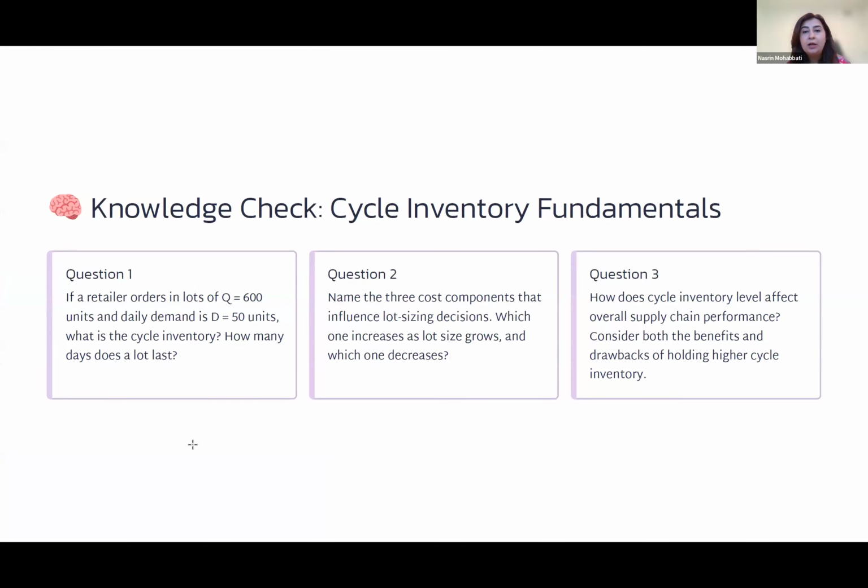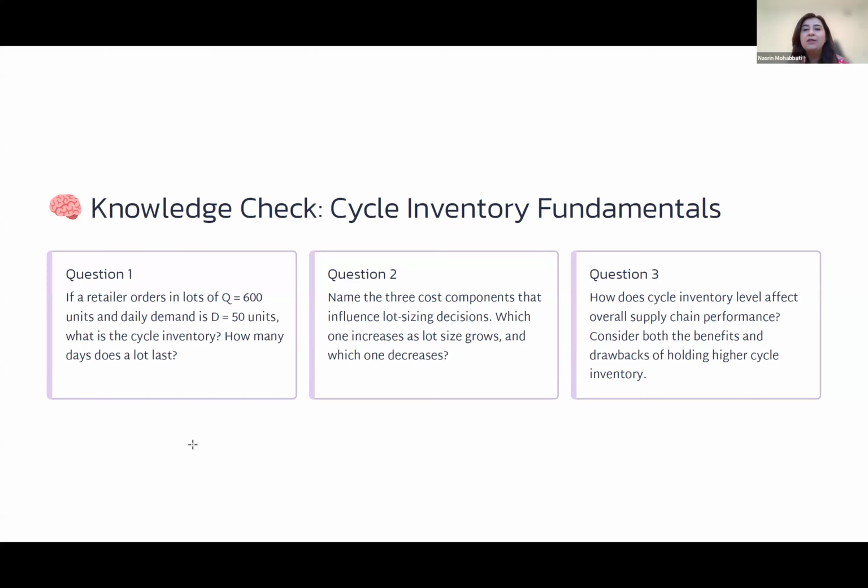So let me check what you learned so far in this lecture. Please pause the video, review the questions, think about the answers, and you will find the answers in the next slide. The first question: if a retailer orders in lots of 600 units and if the daily demand is 50 units, what will be the cycle inventory?